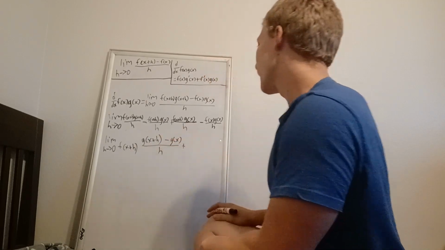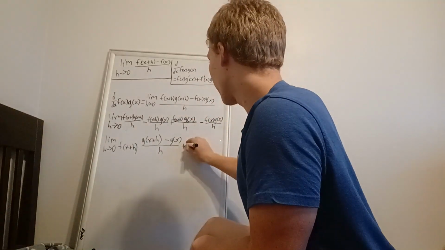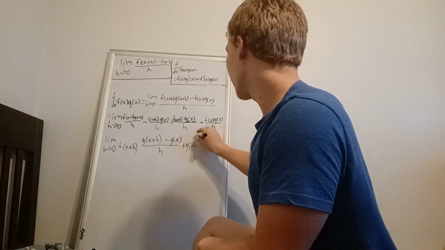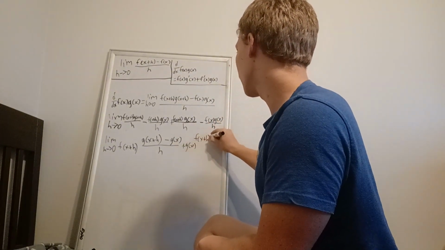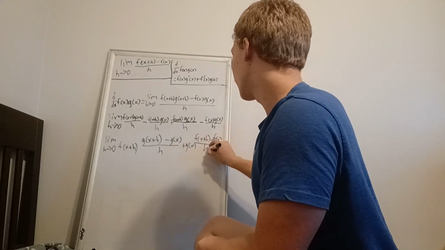And then plus, and we're going to do a very similar thing here, where we factor out g of x, and then we get f of x plus h minus f of x over h.